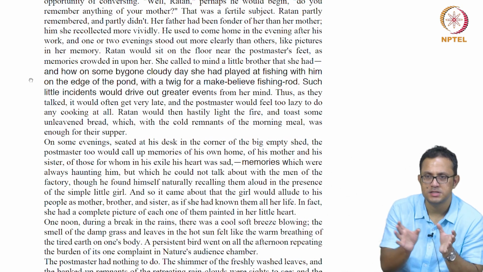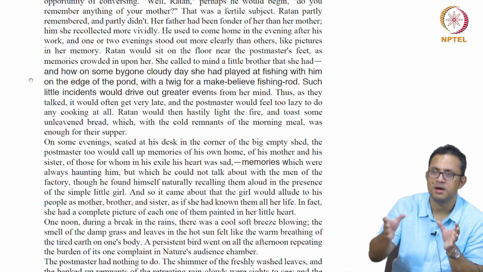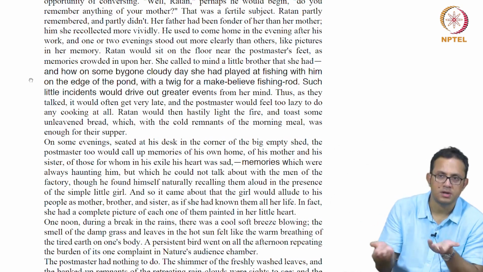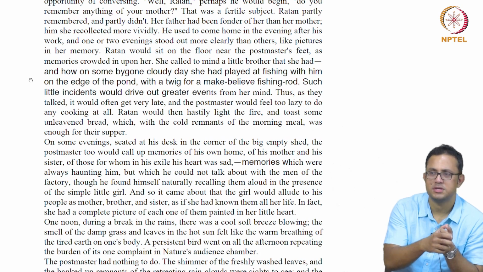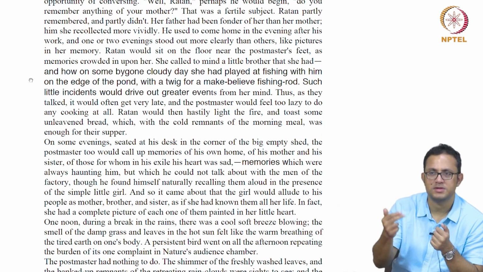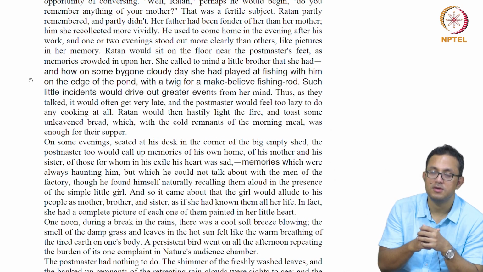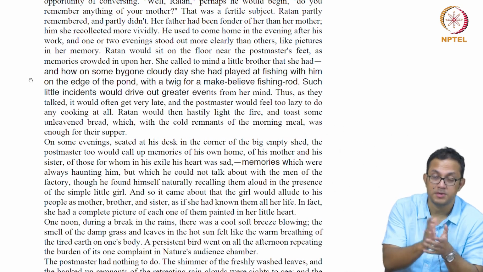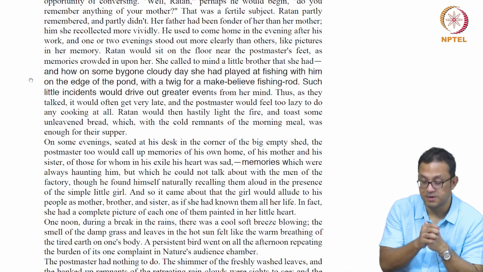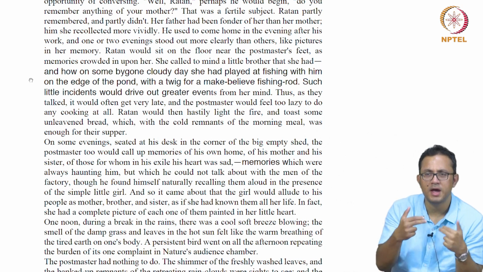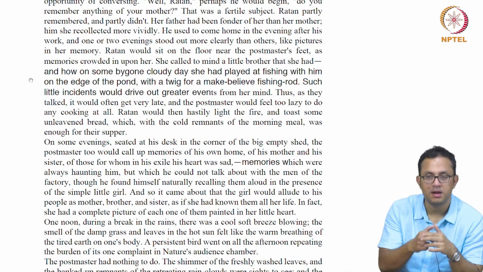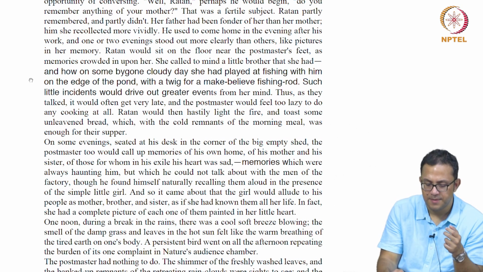And if you visualize it, a little girl listening to stories told by an older man who's very lonely, very sad, and he's telling her stories about his family, his relatives, his brother, his sister, his mother, and she's consuming all the stories with great delight, to the point that she finds herself planted in that particular setting. She finds herself situated in that particular setting as part of the family of the postmaster. It's a very, very organic kind of consumption of stories, or organic consumption of memory, so to say.